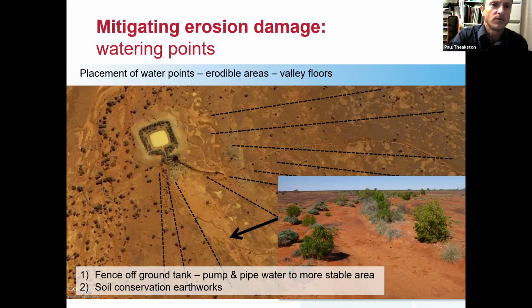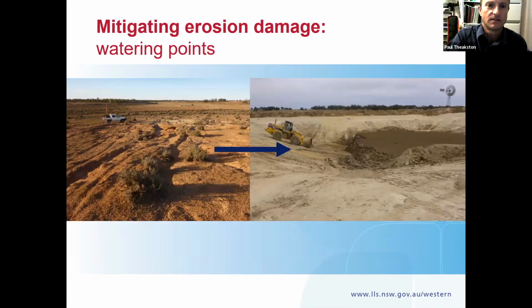Another thing with, oh, sorry, this is just stock pads coming into a water point. All that soil's got to go somewhere. It fills in all the little ephemeral wetlands and the clay pans on the way to the water point, and then it ends up in your water point. It's just desilting ground tanks. That was meters and meters deep, that silt.